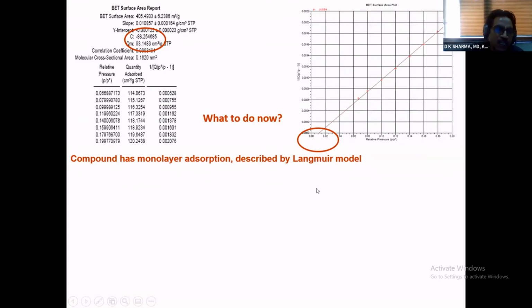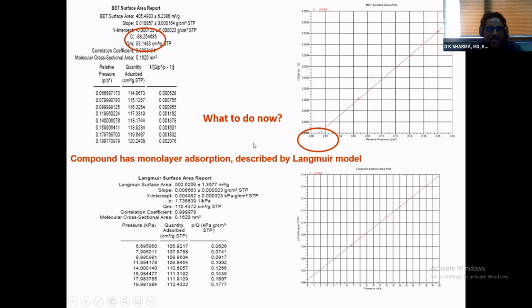Here, you're trying to find a value which is outside the range that you are using. And that's why it is a very wrong way of calculating. Your monolayer capacity should be in between the values that you have used for the BET calculations. That is what I mean to say.